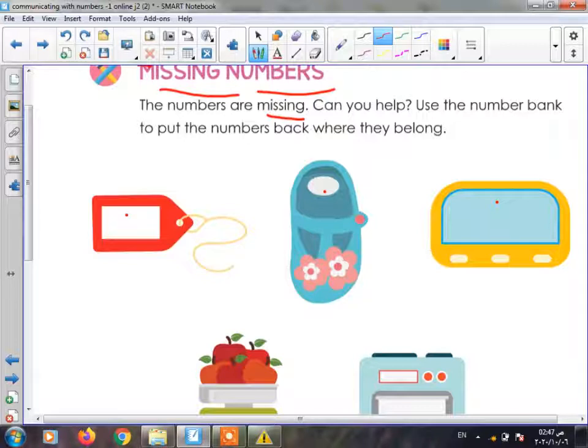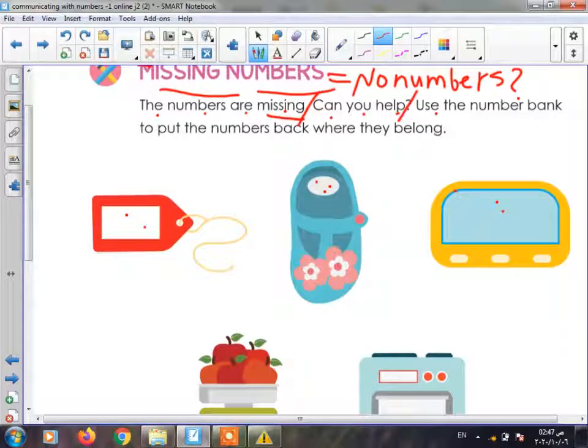No. An empty sign, another empty sign, a slipper, an empty screen. So no numbers means missing numbers. No numbers yet. I want you to tell me about those numbers. Okay? The numbers are missing, they do not exist, as we see. Can you help? Yes.